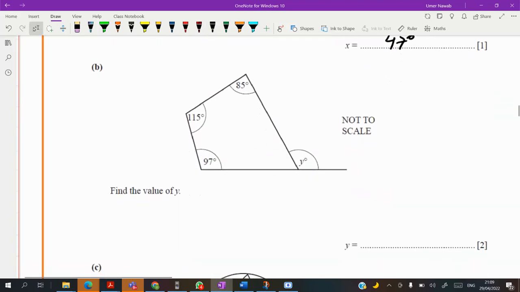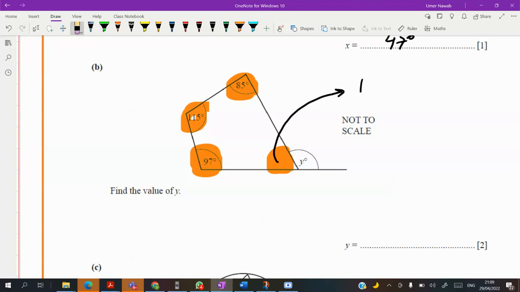Next, we have a quadrilateral, and he gave us this angle. All of you remember that the sum of all the interior angles of a quadrilateral is 360 degrees. So I can easily find this angle: 360 minus 97 plus 115 plus 85.